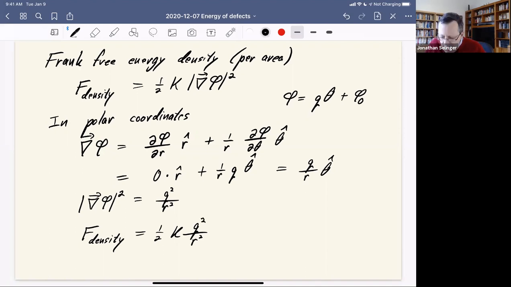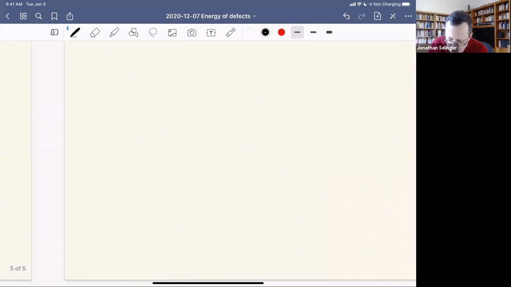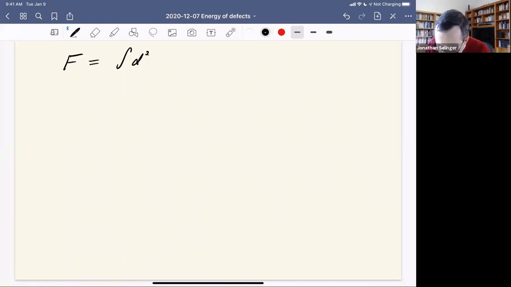Now let's plug that into the integral to get the total Frank free energy associated with the defect. That is going to be the integral over all position of that Frank free energy density, so that's this k q squared over 2 r squared.